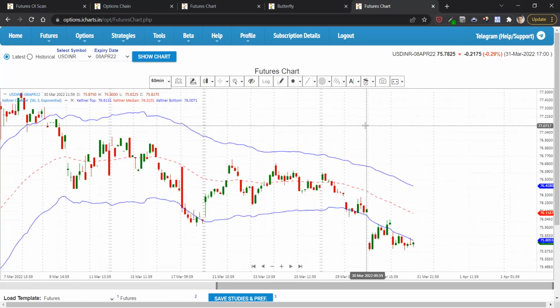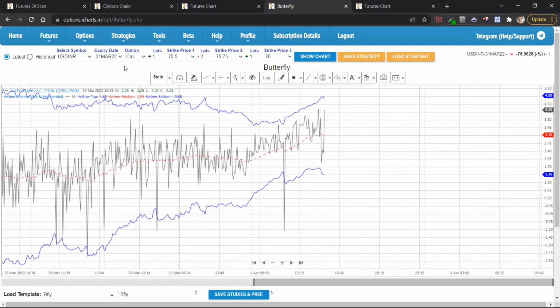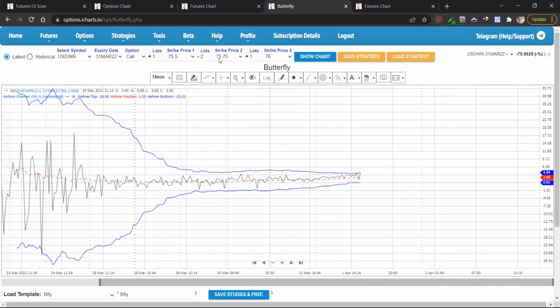Okay, currency, currently it is trending down. It is currently at approximately 76.